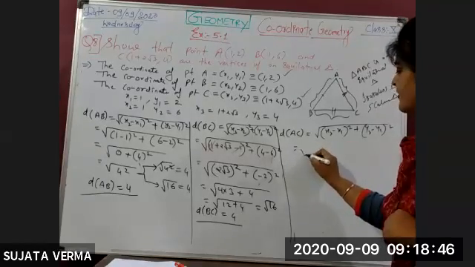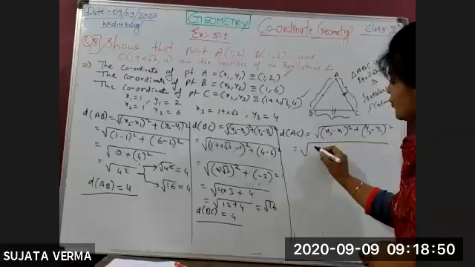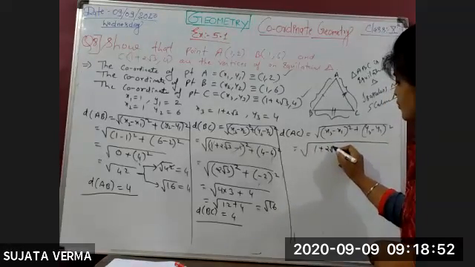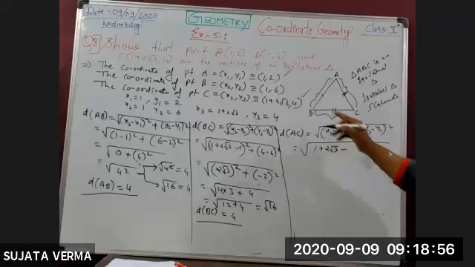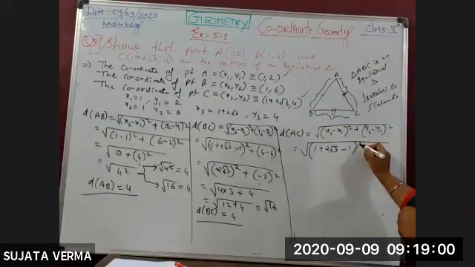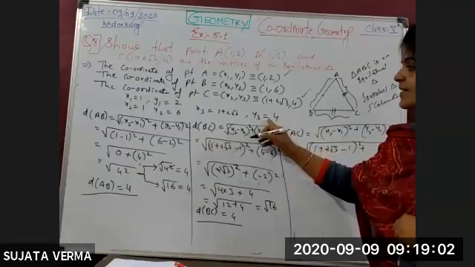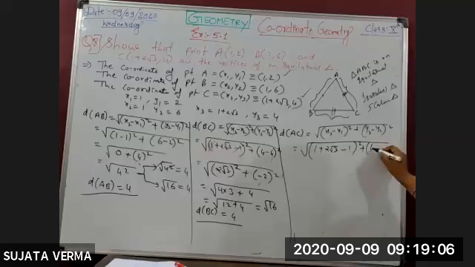Now, substitute the values. x3 is equal to 1 plus 2 root 3, minus x1 which is 1, square, plus y3 is equal to 4 and y1 is equal to 2. So we write 4 minus 2, square.